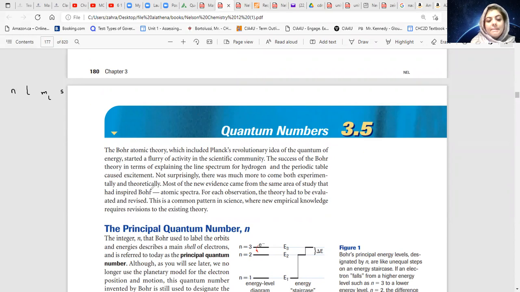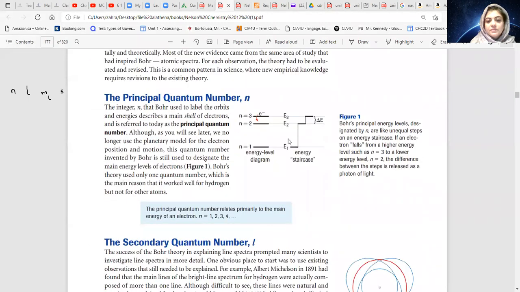Here, the first quantum number is the energy level. The electron could be at a very close distance to the nucleus at energy level 1, or it could be higher, energy level 2, energy level 3.